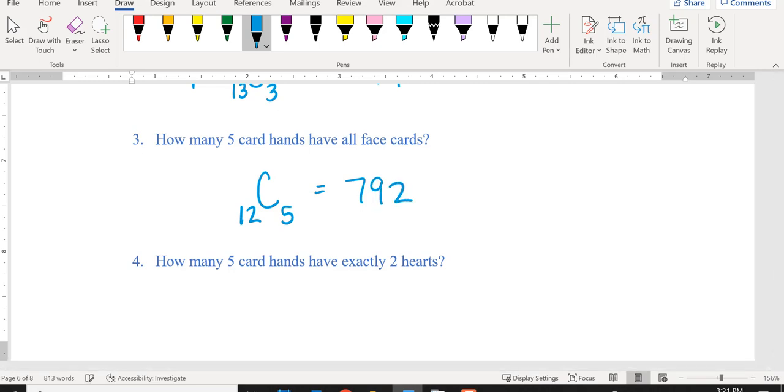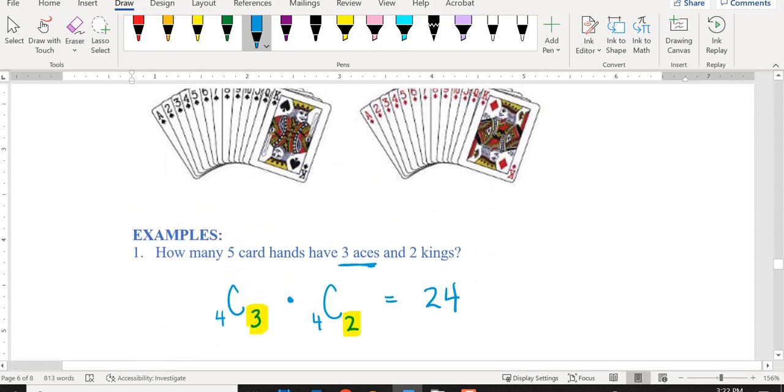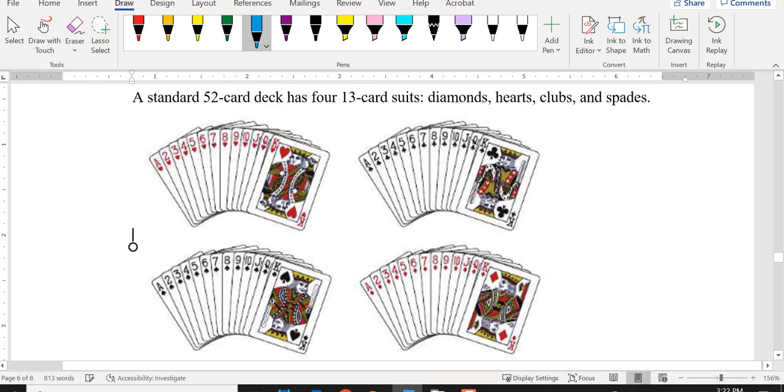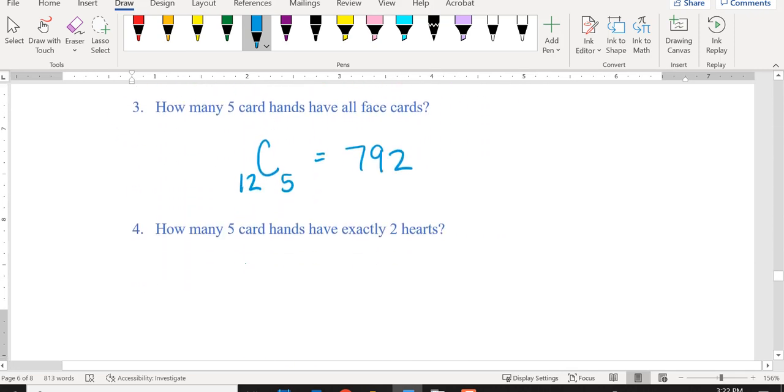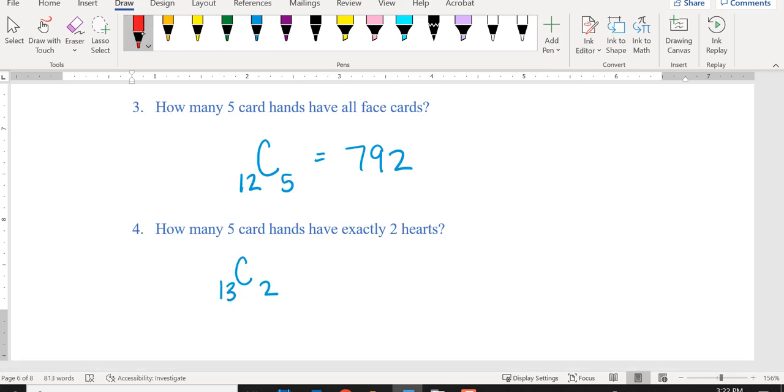How many 5-card hands have exactly 2 hearts? So how do you get exactly 2 hearts? How many hearts are there? There's 13 hearts, and you want to pick 2. Combination of 13, pick 2. That's how you get exactly 2 hearts. But you've got to pick 3 more cards because you've got a 5-card hand.